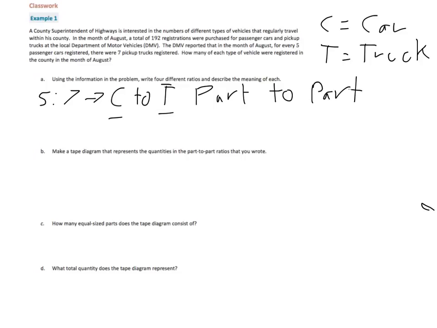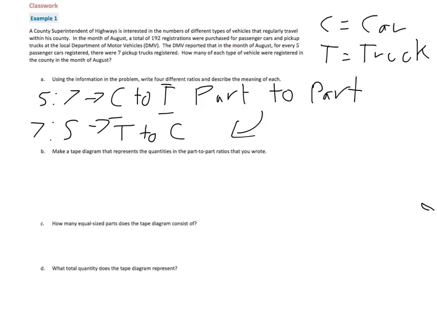There's another way we could write a part-to-part ratio, and that would be 7 to 5. It's using the same numbers, but this time it's trucks to cars. And this again is a part-to-part ratio. Okay, so that's 2 of the types. There's 5 to 7, which is a part-to-part, and 7 to 5, which is another part-to-part because they're both pieces of the whole.